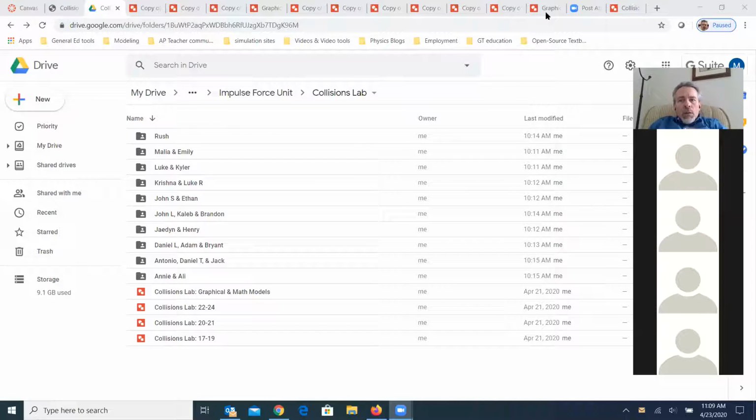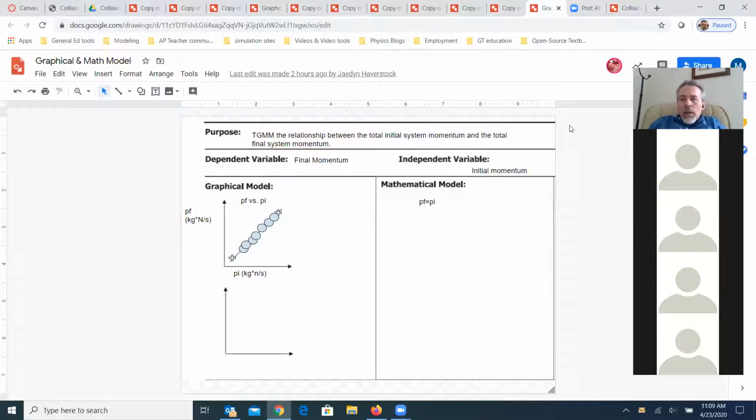This is Henry's. It looks like the final momentum is directly related to the initial momentum. By the way, I've shared these files with you so that you can be completing your lab as we do it. As soon as you're done, you don't have to share this with me.